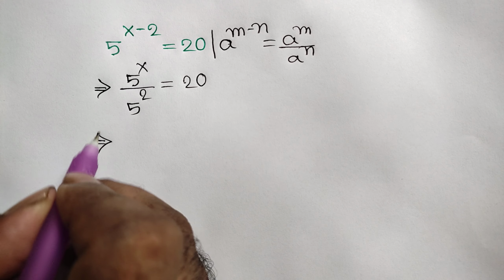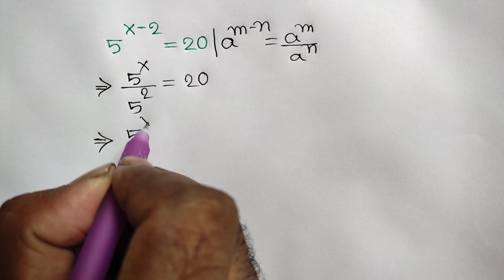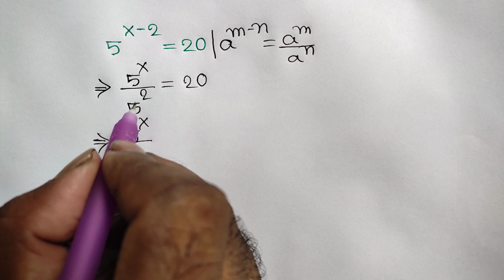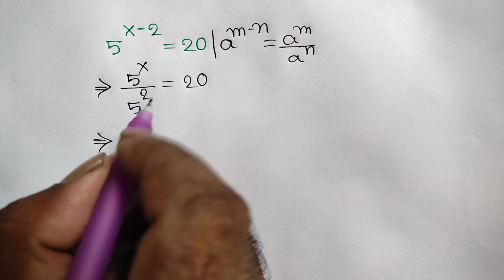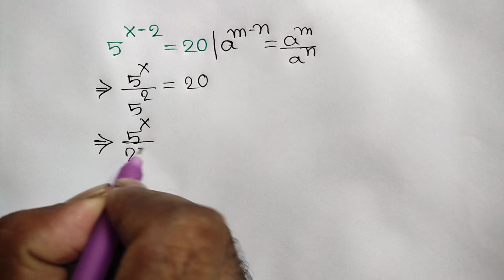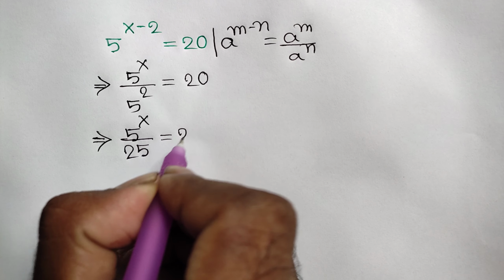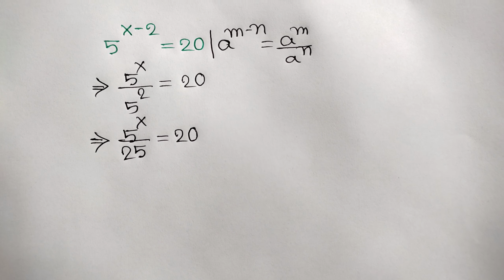Now, 5 to the power x over, we know that 5 squared, that means 5 times 5, is 25, is equal to 20.